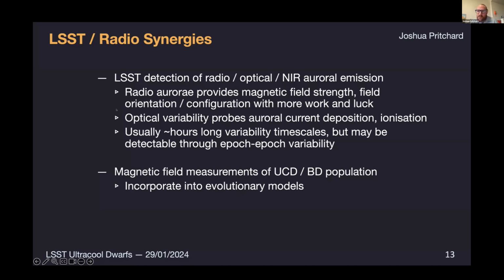We've also followed this up with the compact array and have much better astrometry than the 1 arcsecond ASKAP position. So yeah, we're sure now that it's the Ultracool Dwarf and not the T-dwarf. But at first we were considering whether it could be the T-dwarf. Yeah. Okay. And we have another question. Go ahead.